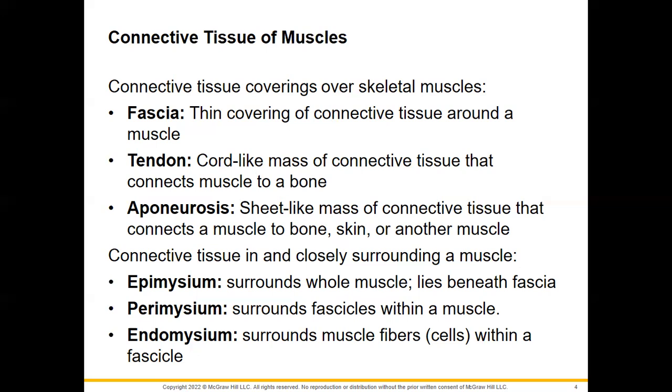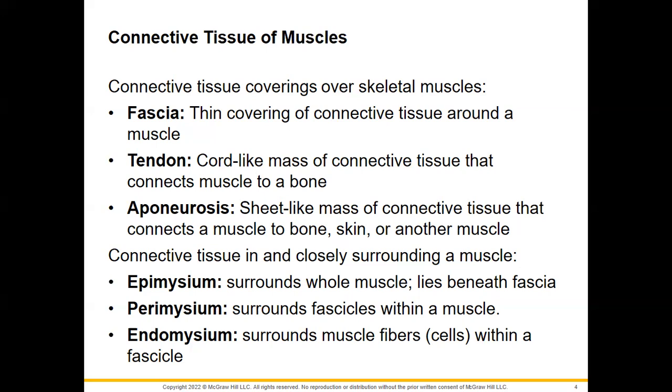Tendon is a cord-like mass of connective tissue that connects the muscle to the bone itself, like your Achilles tendon. Then you have aponeuroses. Aponeuroses are a sheet-like mass as opposed to a cord-like mass. It's a sheet-like mass of connective tissue that connects muscle to bone, muscle to skin, or muscles to other muscles.